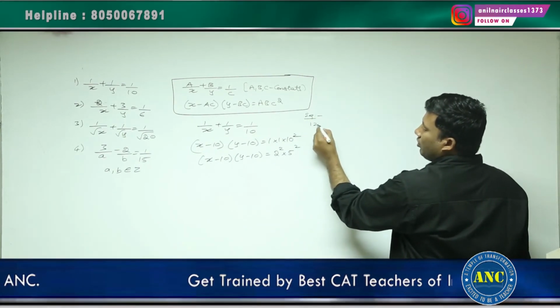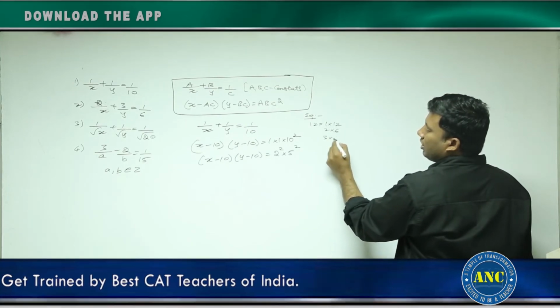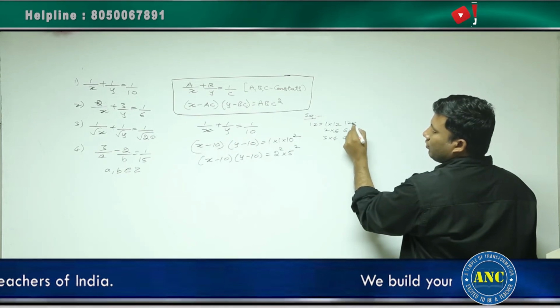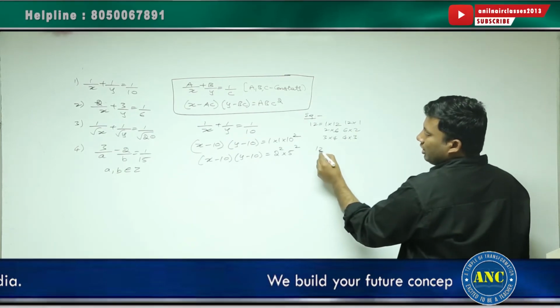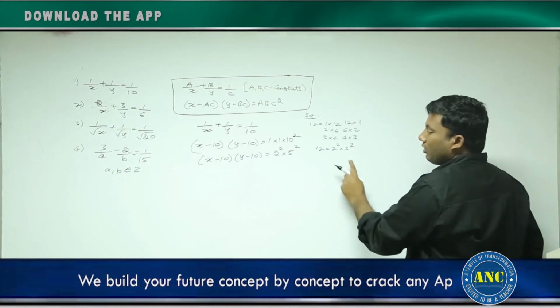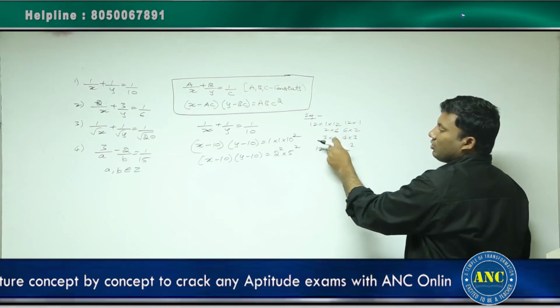Suppose for example, 12 is nothing but 1 into 12, 2 into 6, 3 into 4, 4 into 3, 6 into 2, 12 into 1. 12 is 2 square into 3 power 1. What is 3 into 2? 6. 6 cases.